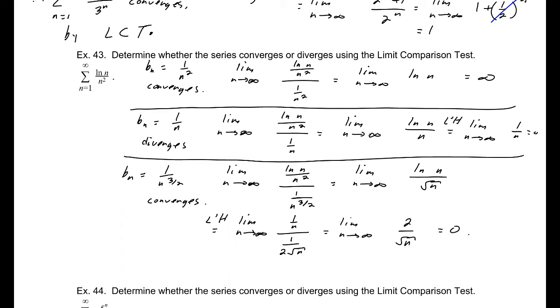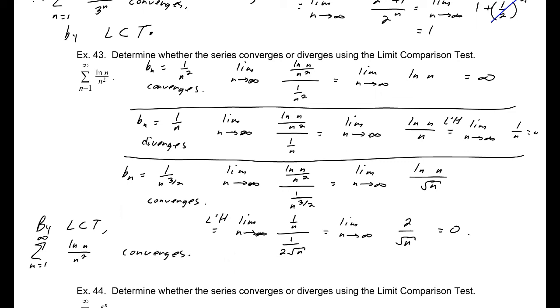Now if our limit equals 0 and bn converges, which it does, then an converges. So by the limit comparison test, the sum from n equals 1 to infinity of natural log n over n squared converges.